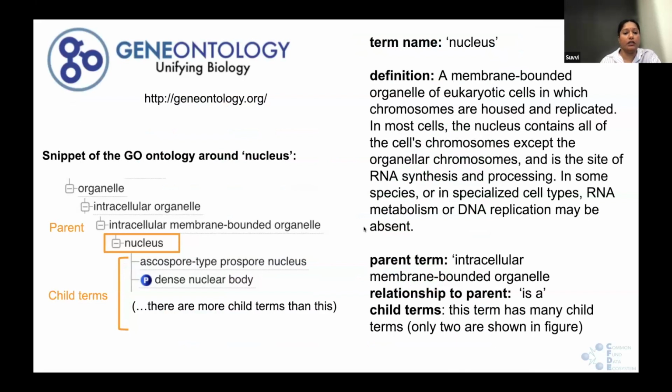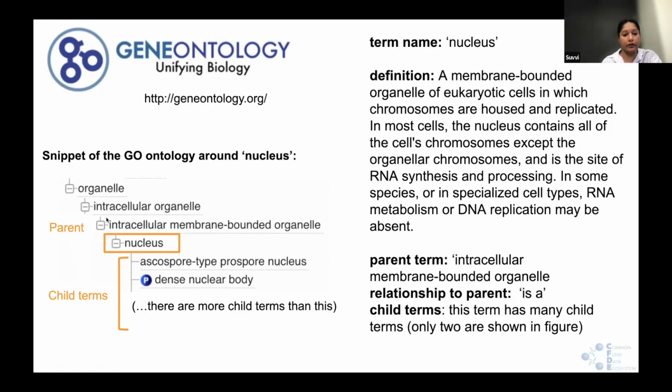So gene ontology is not just one ontology, but a set of three ontologies: molecular function, biological process, and cellular component. Here I'm showing a snippet of the cellular component ontology where you can see nucleus, one of the terms here. It has a proper definition, and it has a parent term, intracellular membrane-bound organelle.